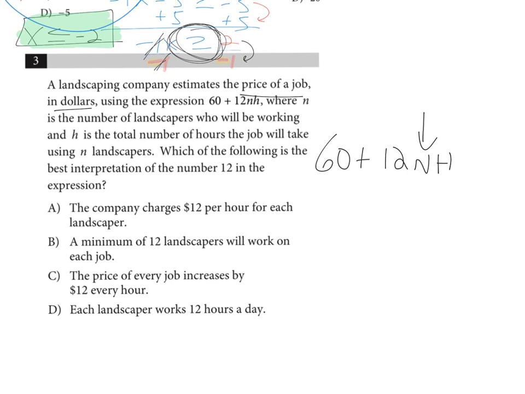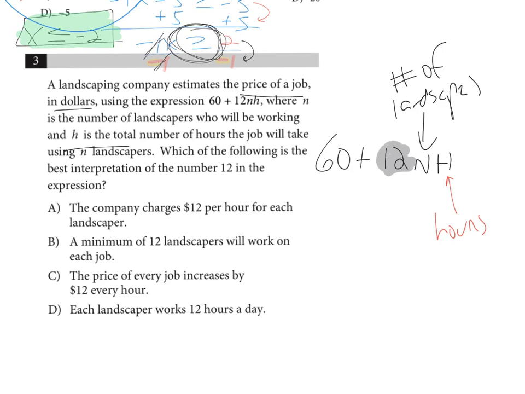N represents the number of landscapers, and H represents the number of hours. So N is the number of landscapers, H is the number of hours the job will take using that many landscapers. Which of the following is the best interpretation of this number 12?